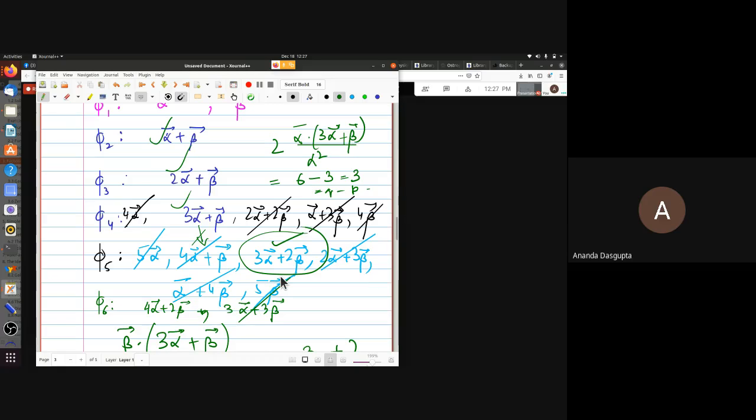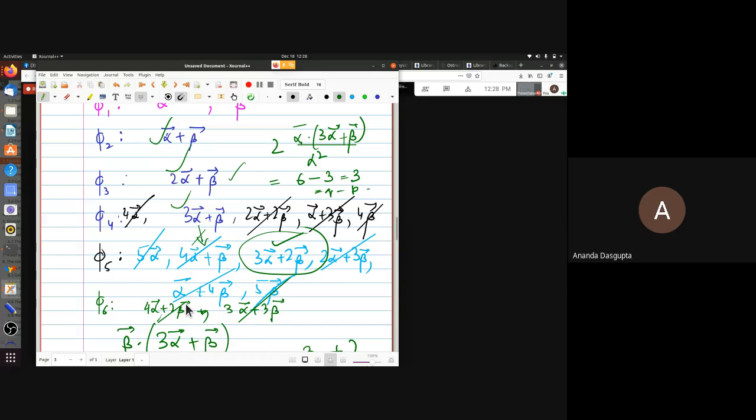Even that, 2 alpha plus beta is a root, right? So even this is not possible, because it's twice a root. So at the 5, 6 level, no further roots. So this thing ends here.